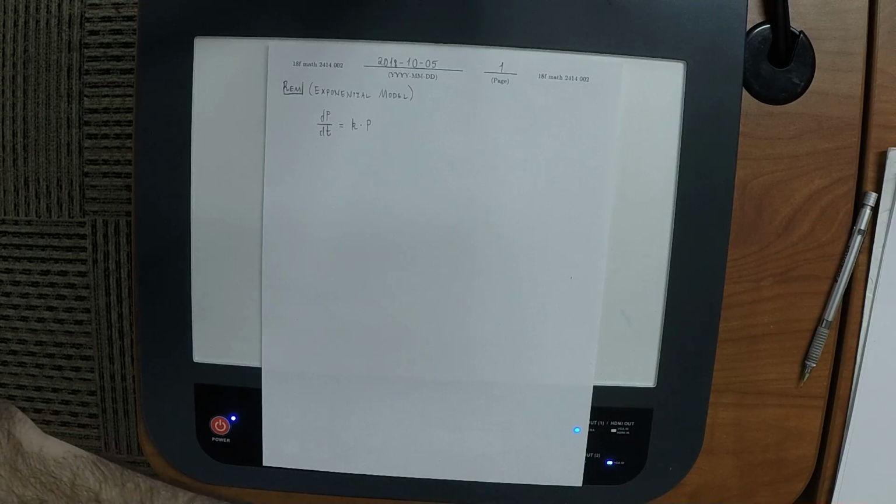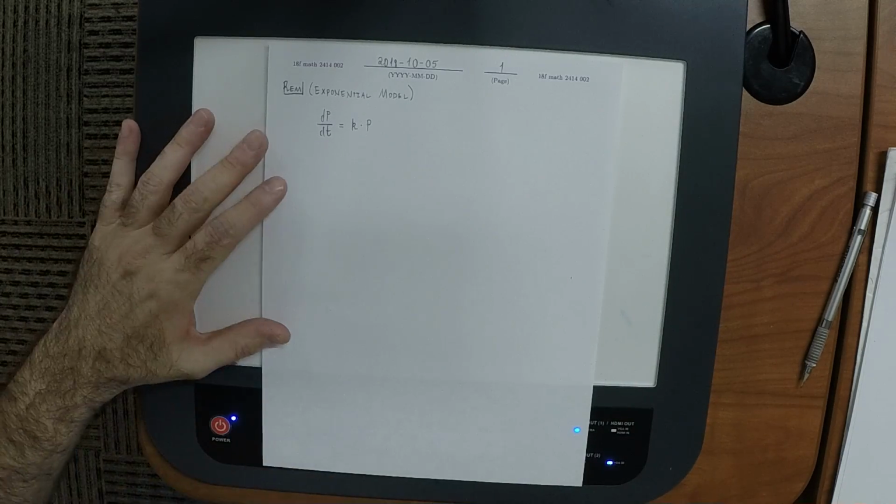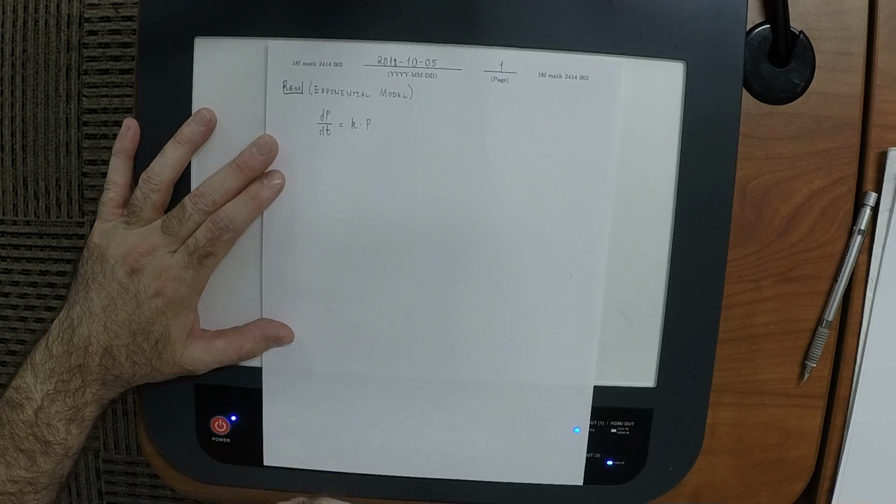Conceptually, I want you to be able to read this equation to have an intuitive idea of what it's saying.